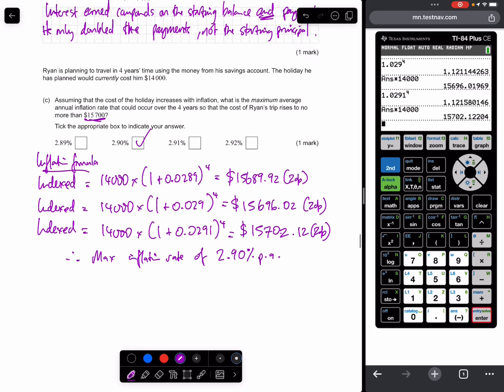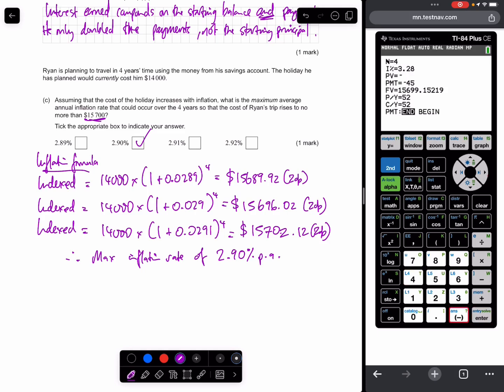That's one way to do it. You could use TVM Solver probably as well. How could we do that? TVM Solver: Apps, Finance, TVM Solver, 4 years. We chuck 14,000 in there. No payments. We don't want it to go past 15,700. Inflation compounds once a year. Find the rate.